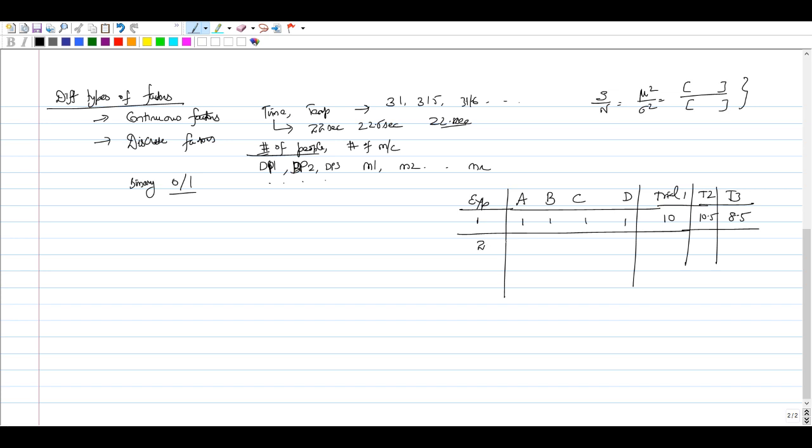So you go to the second experiment, it is 1, 2, 1, 1. Let's say that it's 15, and this was 14.8, and this was 12.2. Some numbers I'm giving here, okay? Then the third experiment is unlikely to have 1, 1, 1, 1 again.